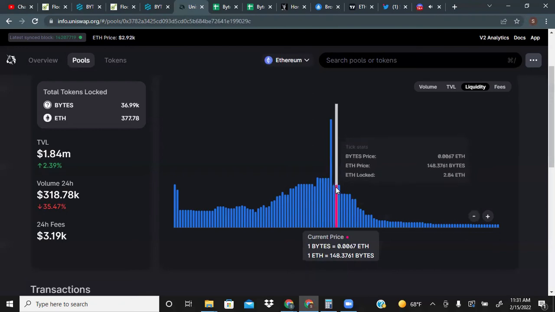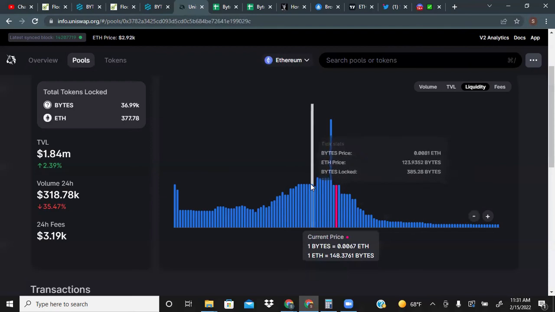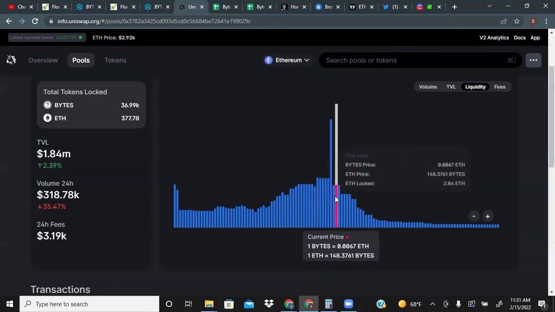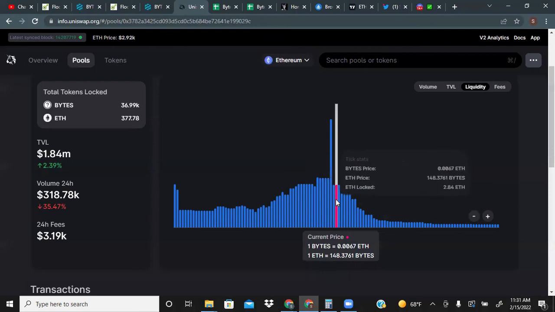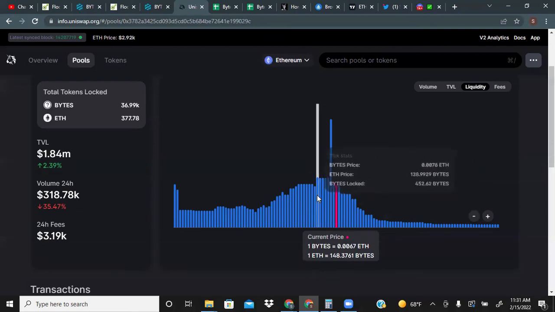If you were in all bytes at this price of 0.0067, and then you decide to provide liquidity all the way up to 0.008, whatever fees you get minus what would have happened if you just held on to those tokens would be your impermanent loss.